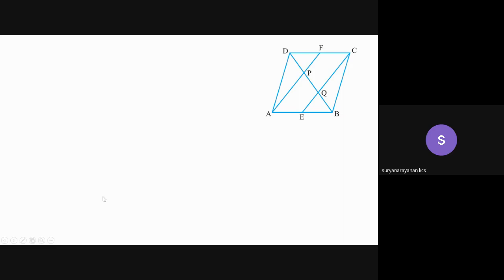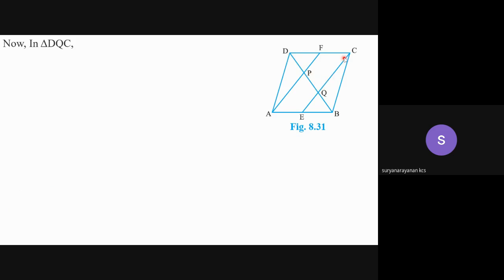Now again, we are taking the same figure, 8.31, to prove the given statement, that is DP is equal to PQ is equal to QB. Now, in triangle DQC, observe this triangle only.